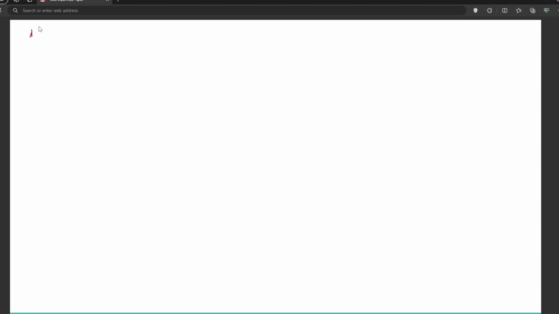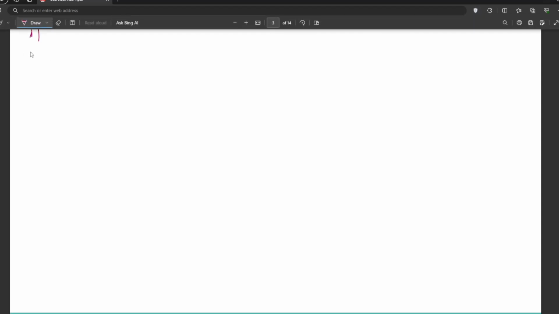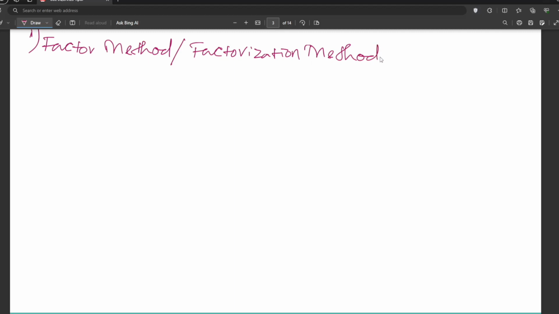First, the factor method, or factorization method, which we learned in class 8-9.